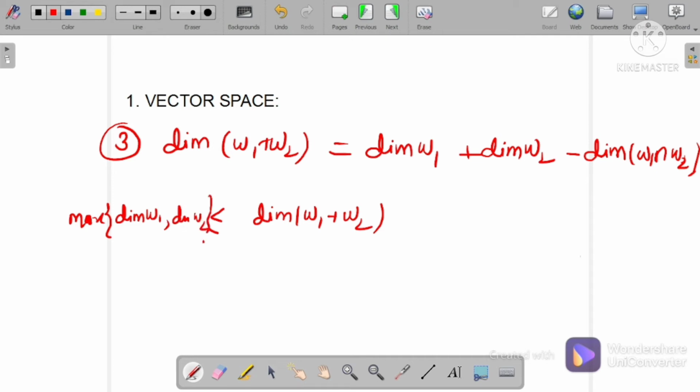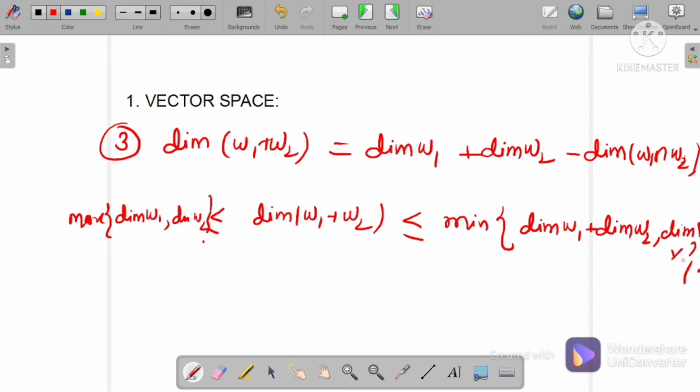And this dimension is always less than or equal to the minimum of dimension of W1 plus dimension of W2, and dimension of vector space V.